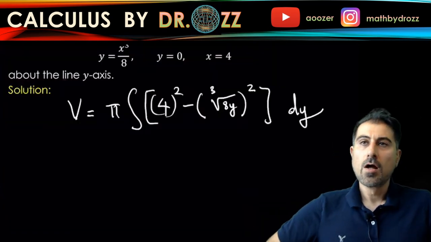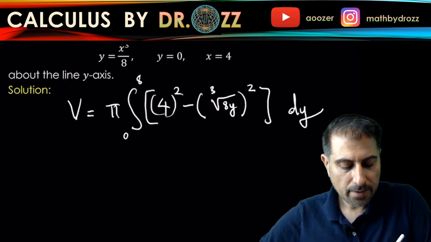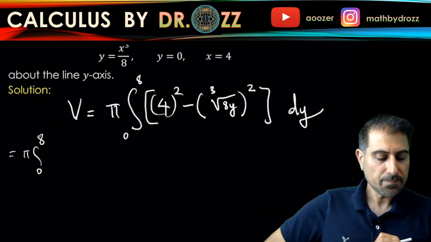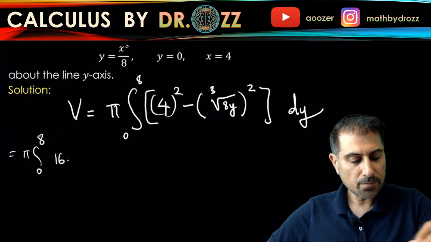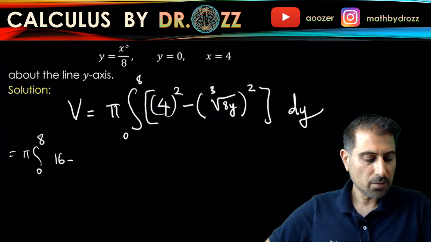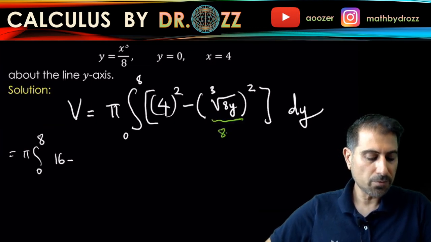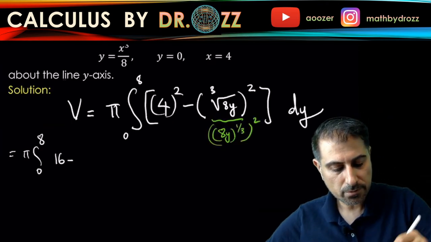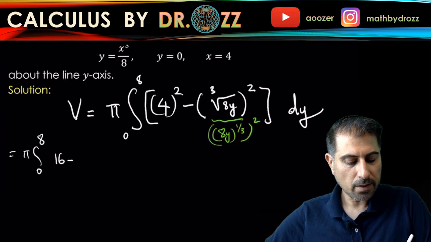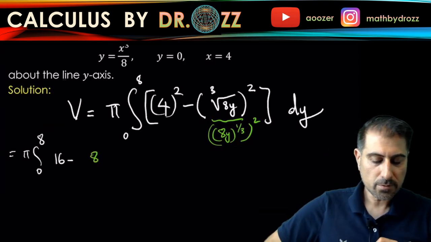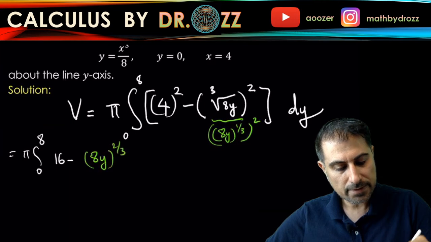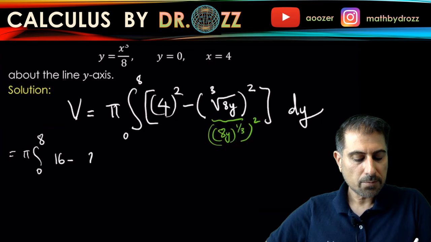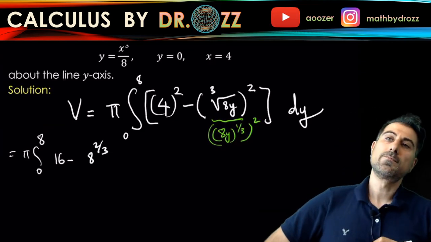So let's simplify this. This is pi integral from 0 to 8 of 16 minus the quantity 8y to the power of 1/3, squared. That's 8y to the power of 2/3, which is equal to 8 to the power of 2/3 times y to the power of 2/3.